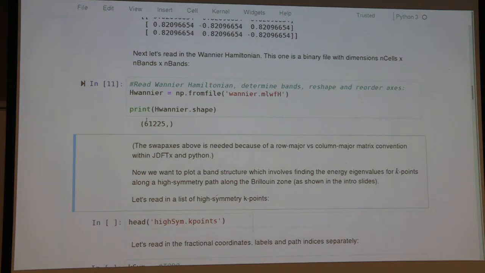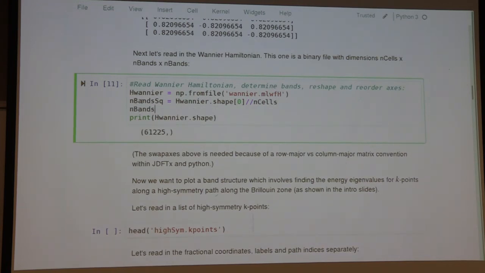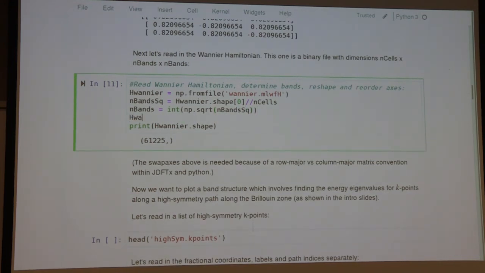From this, knowing what the dimensions are supposed to be, I can see that the n band squared should be that, and from that I can determine the number of bands, and with that I should be able to reshape this.